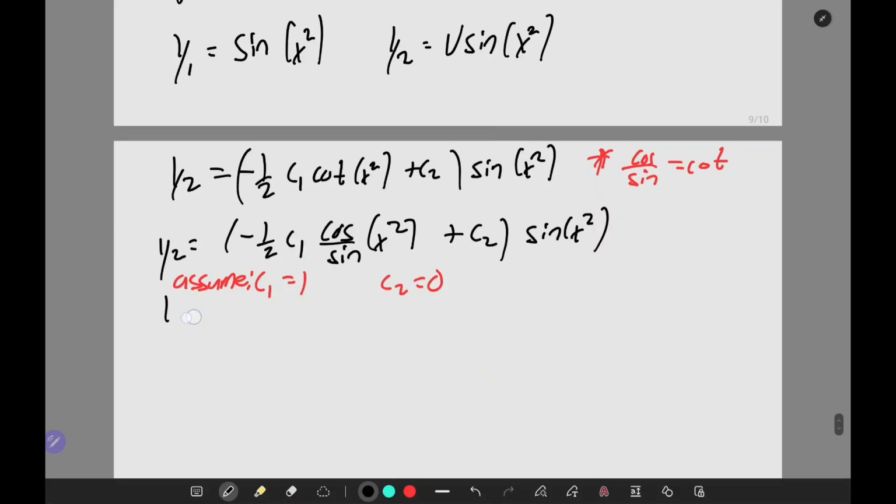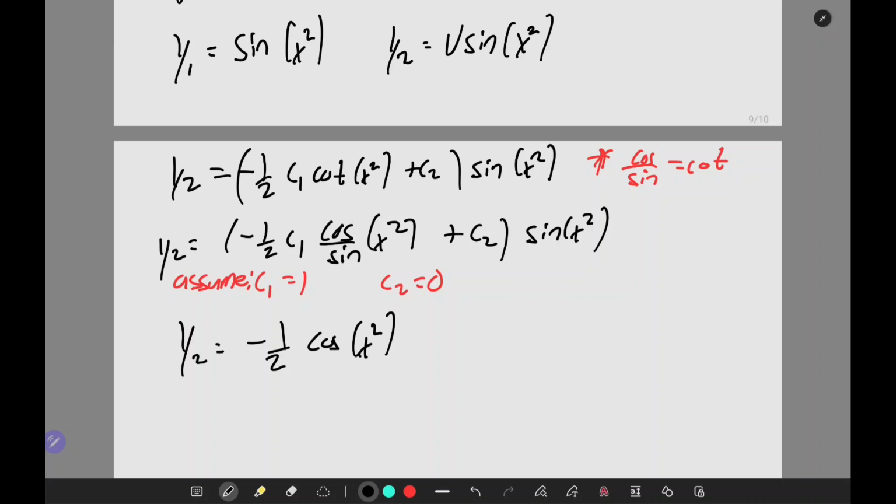So then we're left with y2 equal to negative 1/2 cosine of x squared, because those sines are going to cancel with this term, plus 0, so that's just it. Okay, so this is a possible solution.